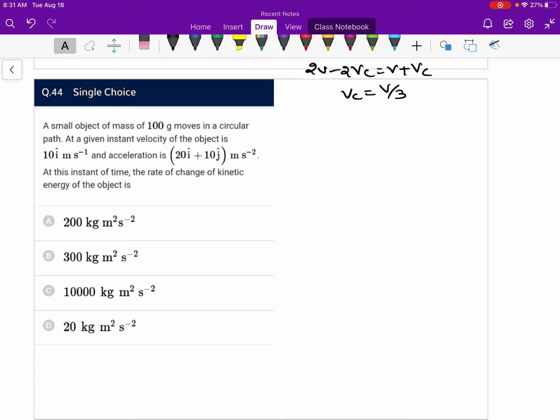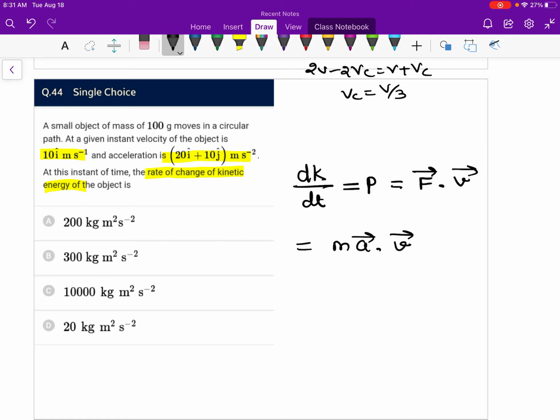A small object is moving in a circular path. The object's velocity at an instant is 10 i cap, and the acceleration is given. The rate of change of kinetic energy, dK by dt, is the power of the net force, which is F dot v, which is m a vector dot v vector.